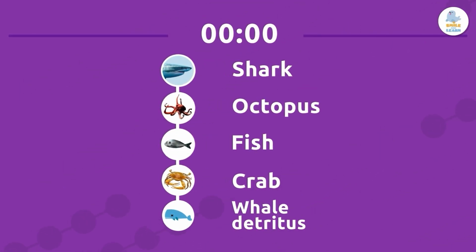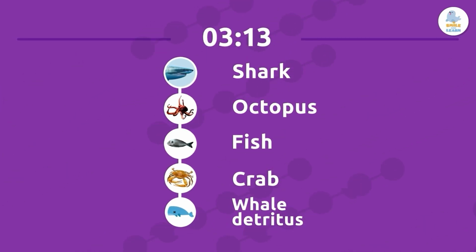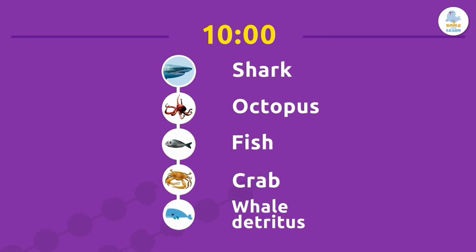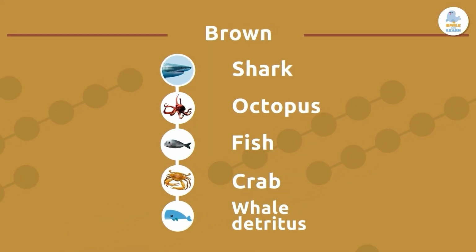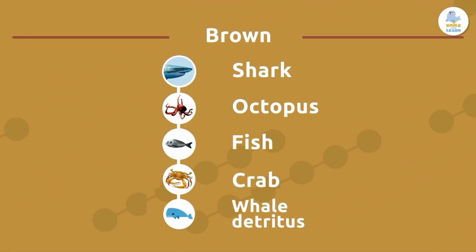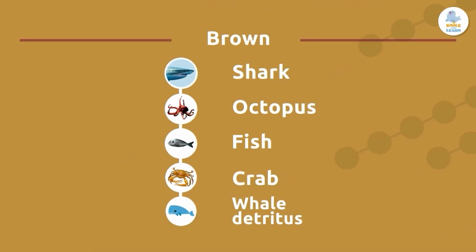Green or brown? Brown, because it starts with detritus or remains of the whale. See what I'm saying? Most food chains are brown.